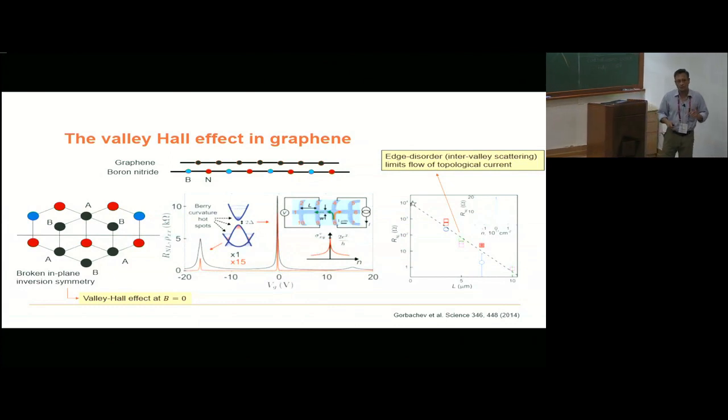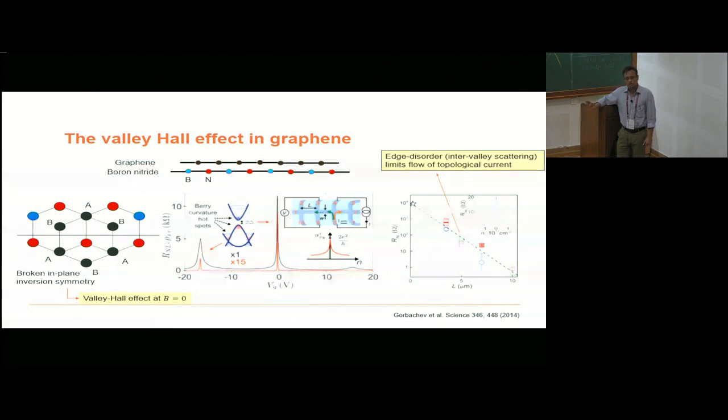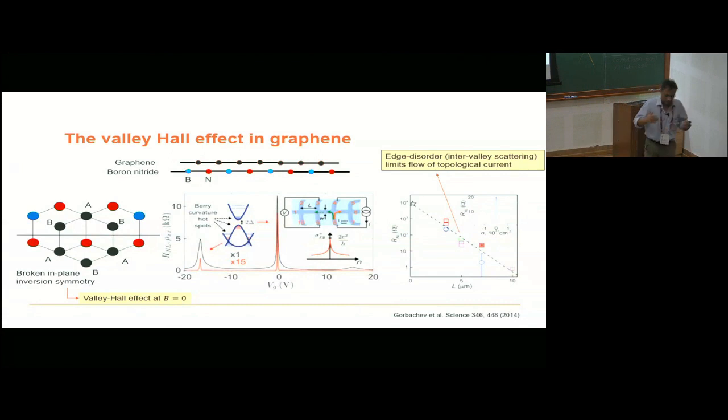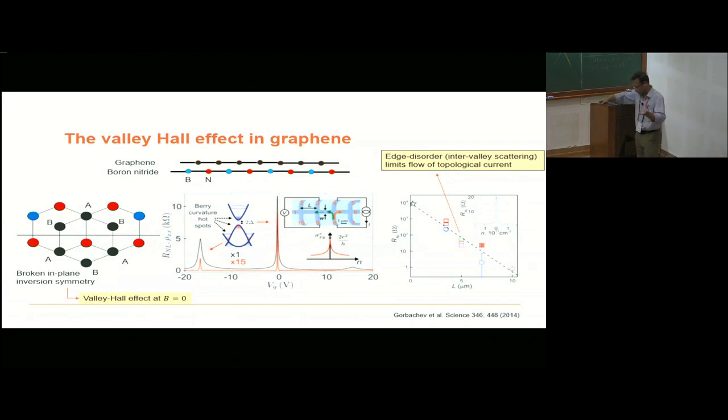The difference between the standard topological material, which is protected by spin-orbit interaction, and this one is that in the case of bilayer graphene or single-layer graphene, the edge transport is strongly dependent on how good your edge is. Until and unless you have a purely zigzag edge, for example, you will not get the kind of experimental features like e squared by h conductance in graphene of this sort.